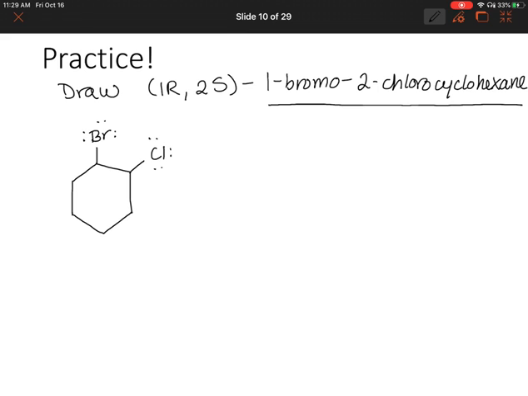So I'm going to start with carbon 1. I know that carbon 1 has to be in the R configuration. I don't know if that means that bromine will be a wedge or a dash, so I'm just going to pick one and stick with it. I'm just going to draw bromine coming up towards me.